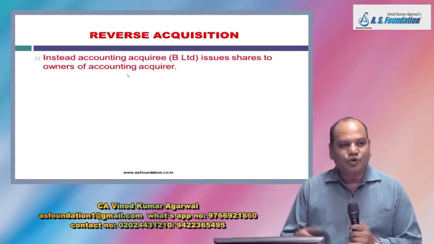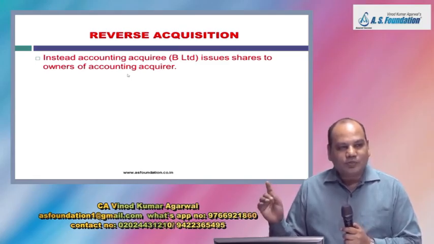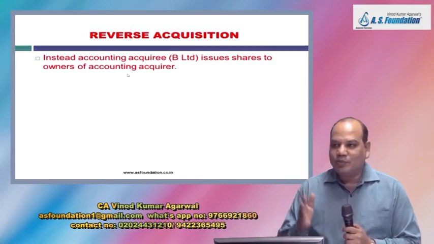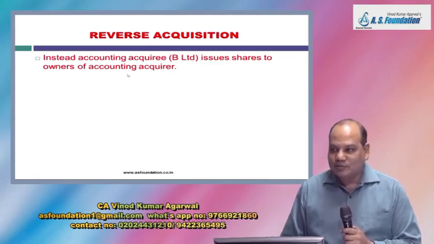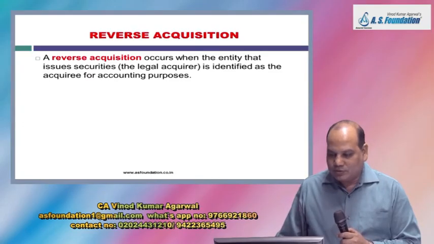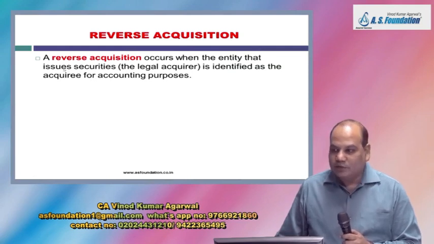Accounting acquirer usually does not issue the shares. The assets and liabilities of accounting acquirer will be at book value. Assets and liabilities of accounting acquiree will be at fair value. That's it. Now this line I have written in your book, paragraph 10.